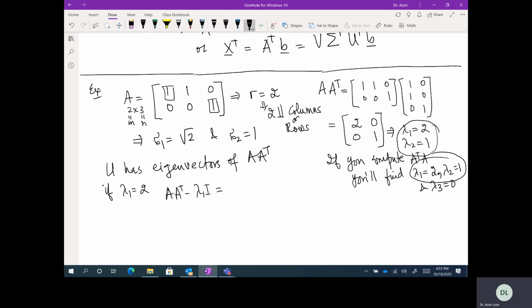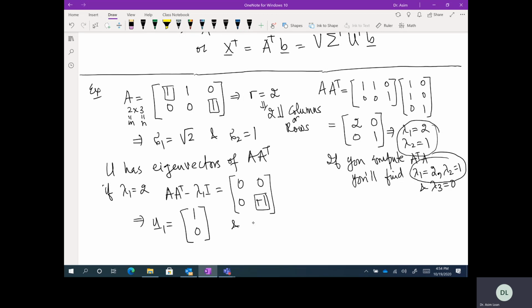This gives me 2 minus 2, 0, 0, 0. So this is 0, 0, 0, and 1 minus 2 is minus 1, which I can always do plus 1. This is my pivot, so this implies U1 has the free variable here, which is 1, and this one is 0, right? Okay, good.